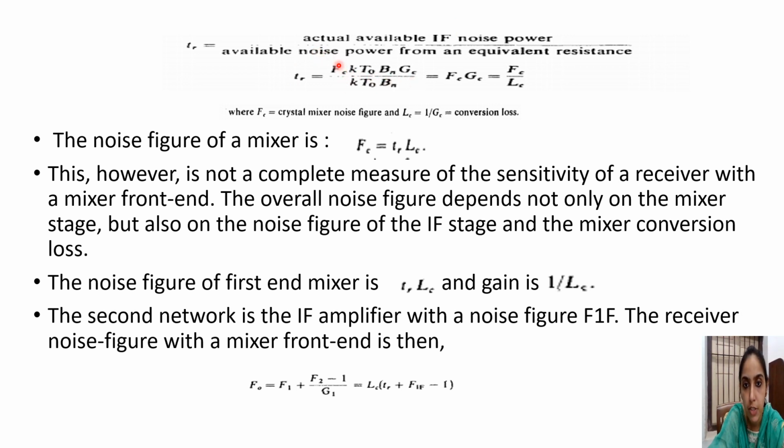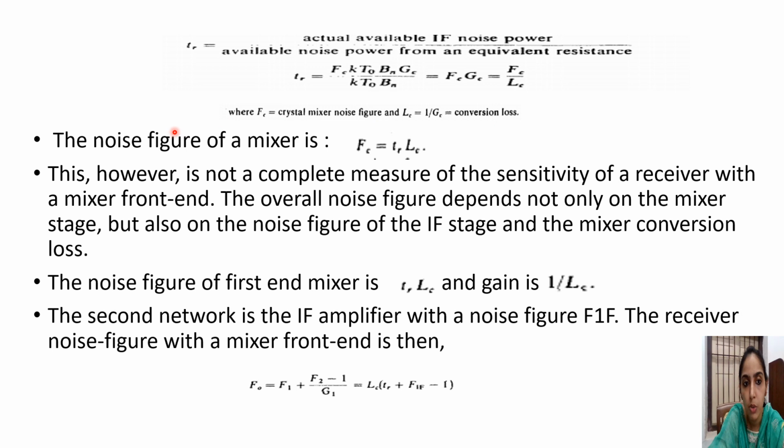Here we have written F_C and G_C because it is a crystal mixer, divided by the available noise power from an equivalent resistance, that is k T0 B_N. So that can be written as F_C into G_C, where instead of G_C we can also write 1 by L_C, where L_C represents the conversion loss. So this is the gain of the crystal mixer whose reciprocal will be the loss of the mixer.